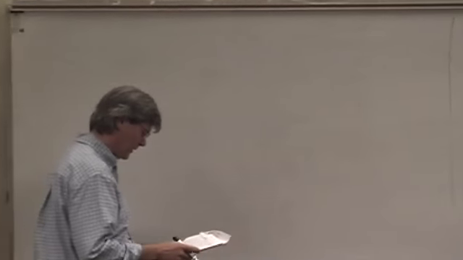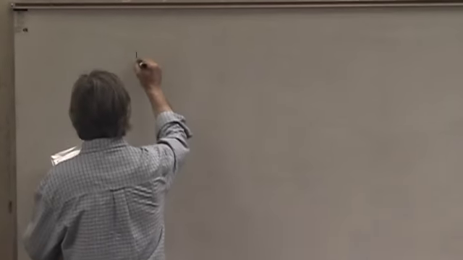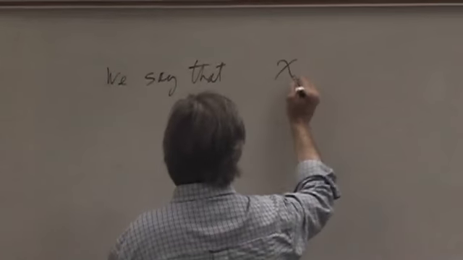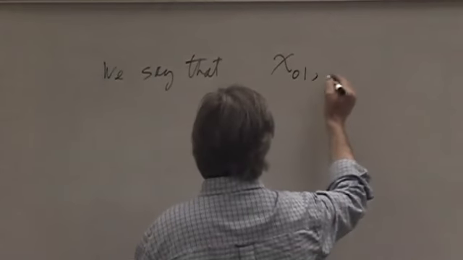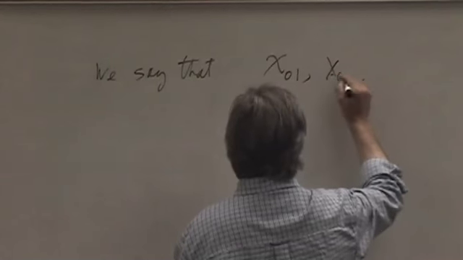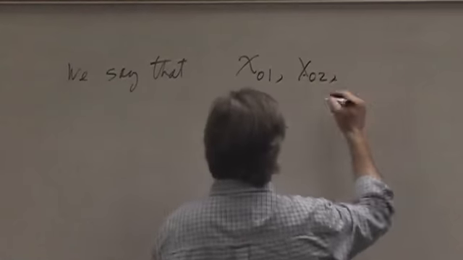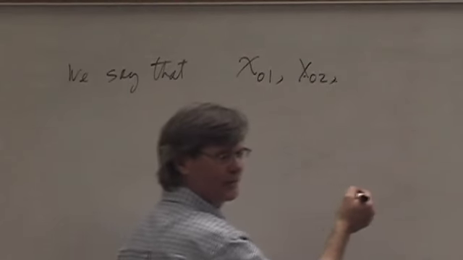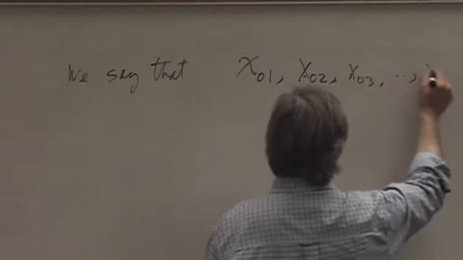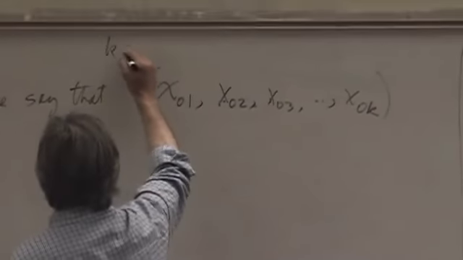So we say that a new regressor vector x01, x02. Remember, i equals 0 means there's a new one. Instead of n plus 1, we'll call it i equal to 0. All right? x03 up to x0k. So let's go to k regressors.